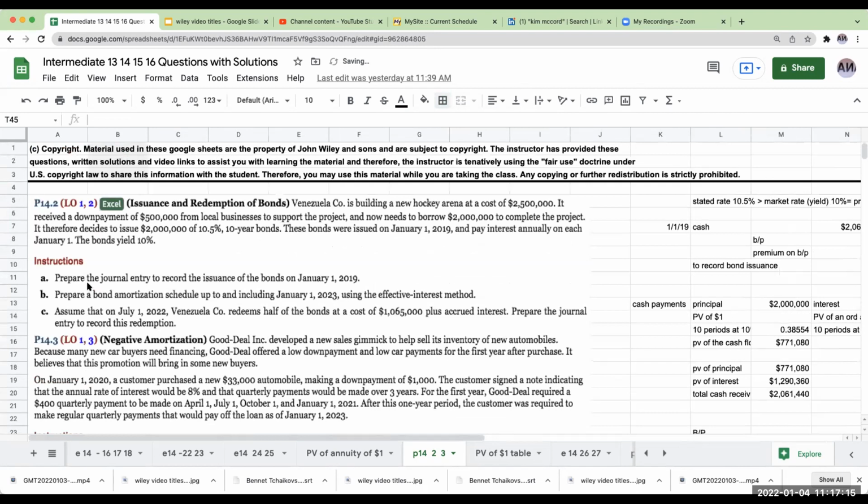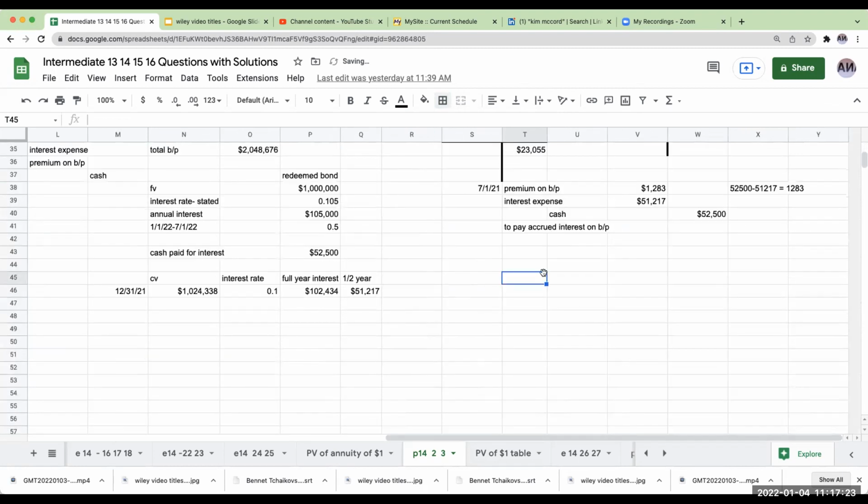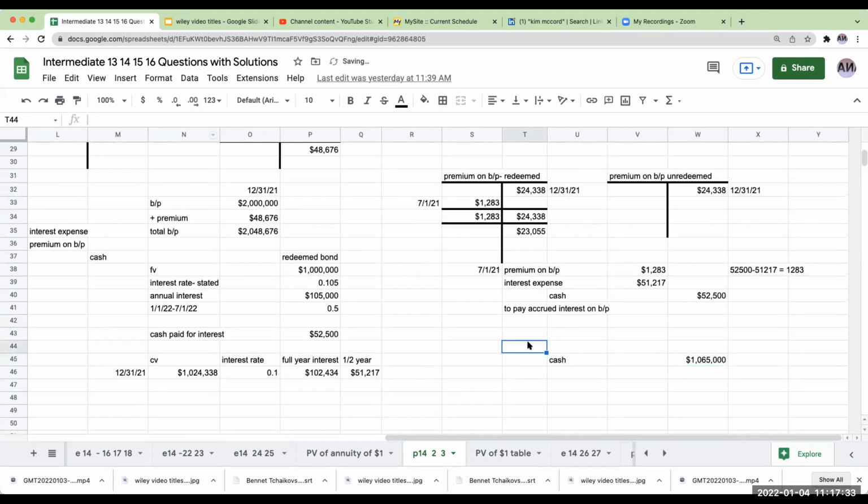So right over here, assume that I'm redeeming half of the bonds at a cost of $1,065,000 plus accrued interest. So over here, I'm going to credit cash for $1,065,000, right? I've already dealt with the accrued interest right above. When I remove the bond, I have to take off the related accounts.